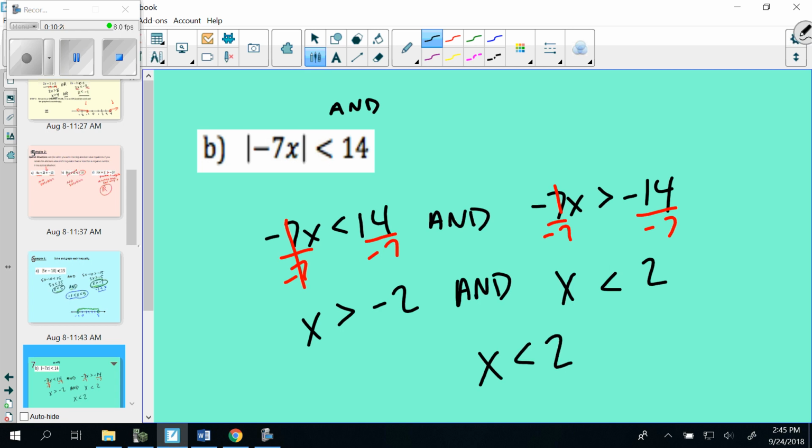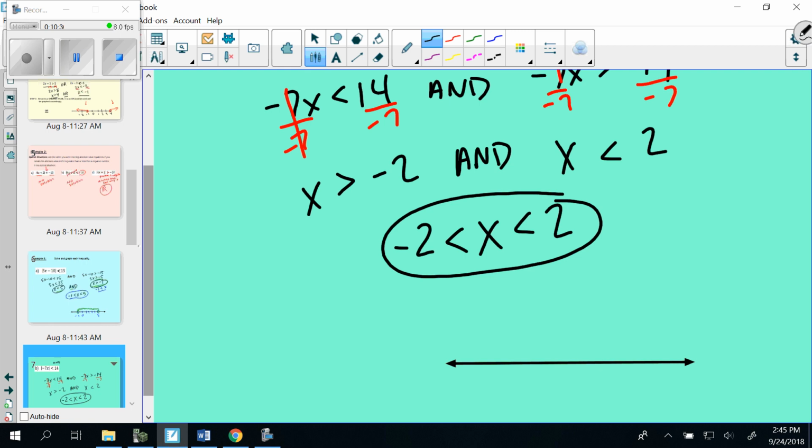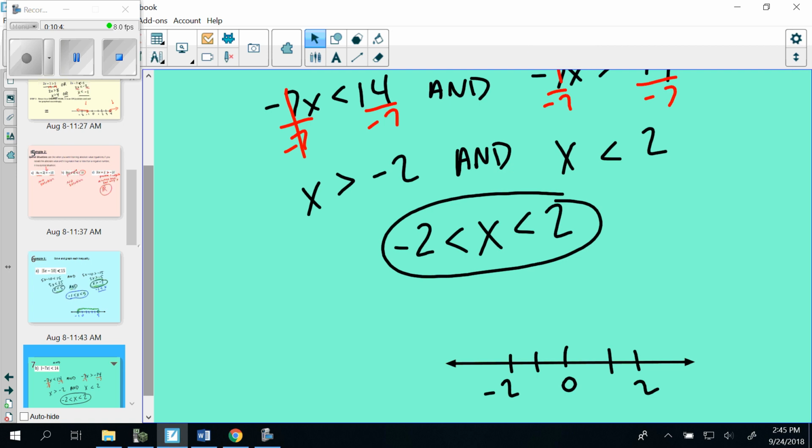So it's all the values in between negative 2 and positive 2. On the graph, again, make sure you can get these on here. Open circle at both. Less than 2 is going that way. Greater than negative 2, that's going to the right. We want them all shaded in between.